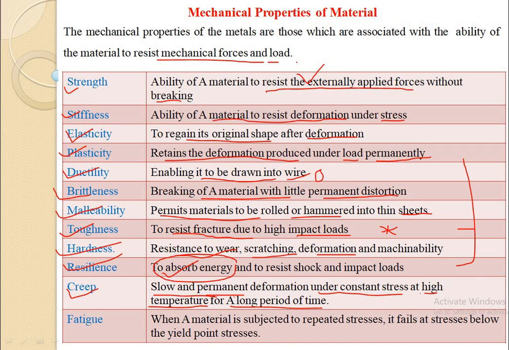The material is subjected to high temperature for a long period of time. If a material is working in high temperature conditions for a long period of time, then it shows a slow and permanent deformation. That slow and permanent deformation shown by the material over a longer period of time is known as creep.